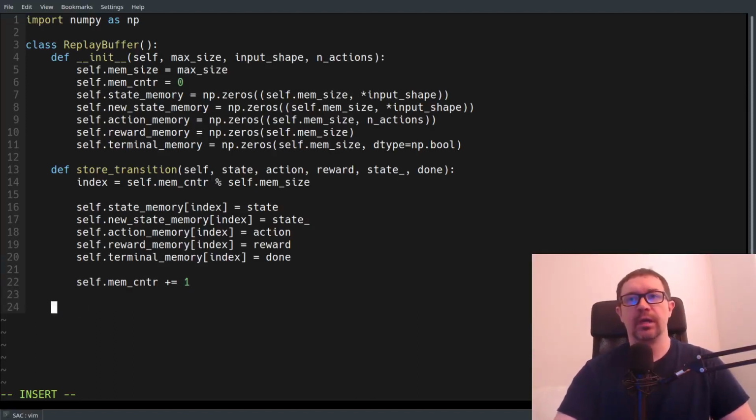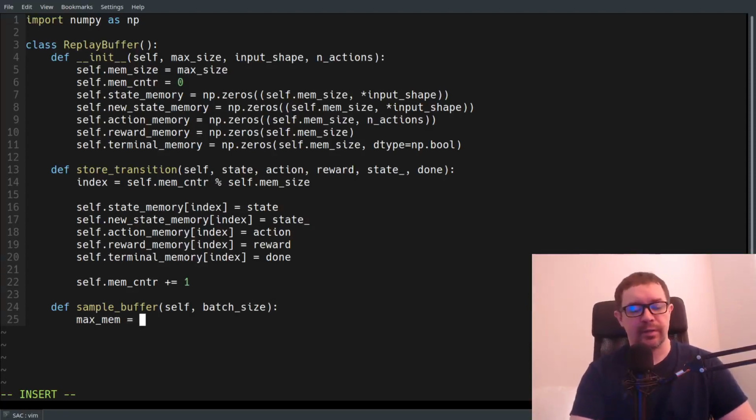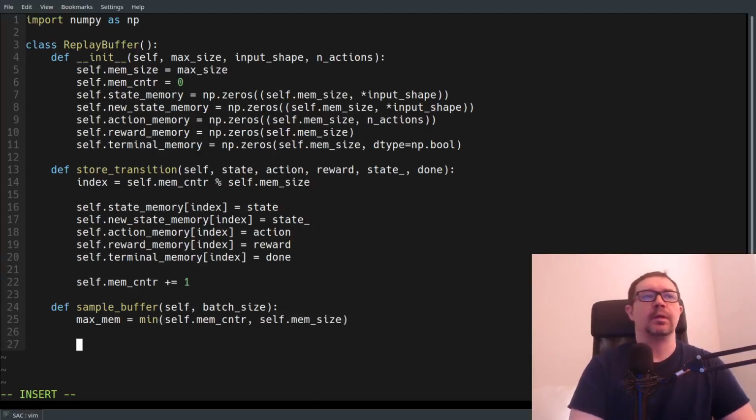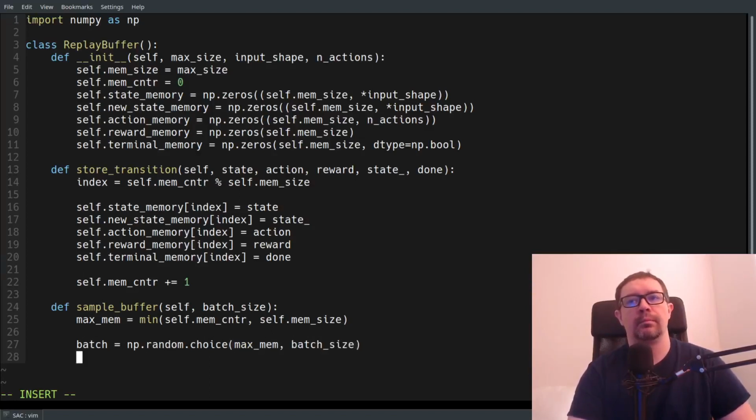So next, we want to handle the function to sample our buffer. And that will take a batch size as input. Alternatively, you can make the batch size a member variable of the replay buffer. It doesn't really matter. The first thing you want to know is how many memories you have actually stored in your buffer, and it's given by the minimum of the mem counter and the mem size. And then you want to select a sequence of random integers between 0 and that maximum memory. And then go ahead and sample those memories.